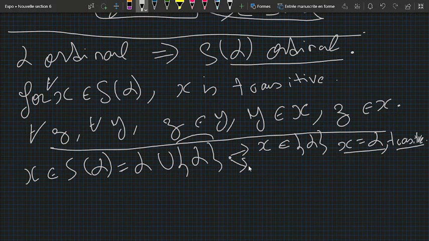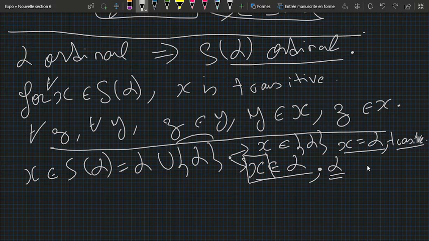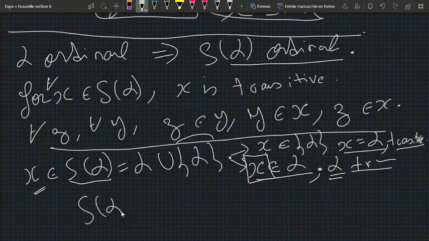But if X is an element of alpha, we know that alpha is ordinal and all its elements are transitive, so X is transitive. Then all the elements of S alpha are transitive, so S alpha is transitive and all its elements are transitive. Then S alpha is ordinal.